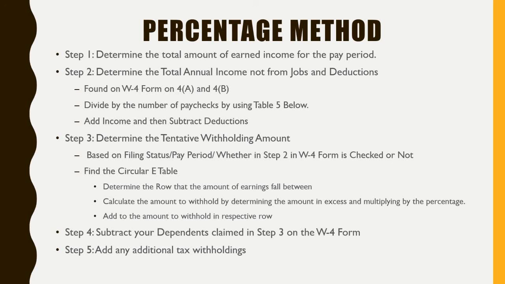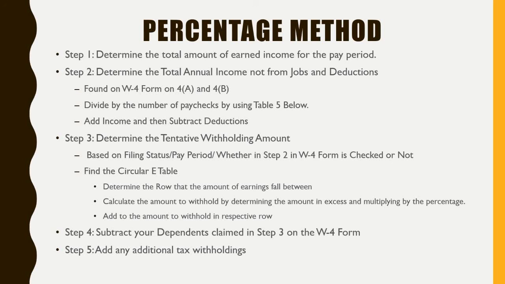So that means you're going to calculate whether they're salary based or hourly wage based, right? You need to determine how much they're going to make for that pay period, okay? Then number two is you're going to determine how much extra income you have made, and step two is also deducting any other deductions that you have.